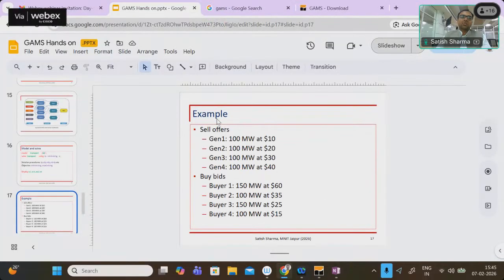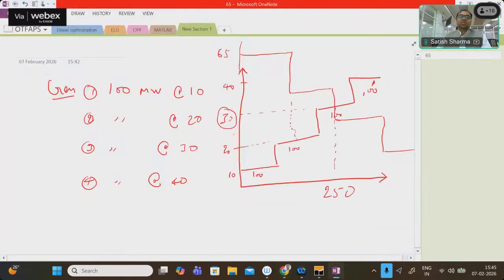Let's see how we can model this particular problem. It's basically maximization of this area. First of all, how we can get this particular area. If I go from the top and remove the area below, then I can easily get it.